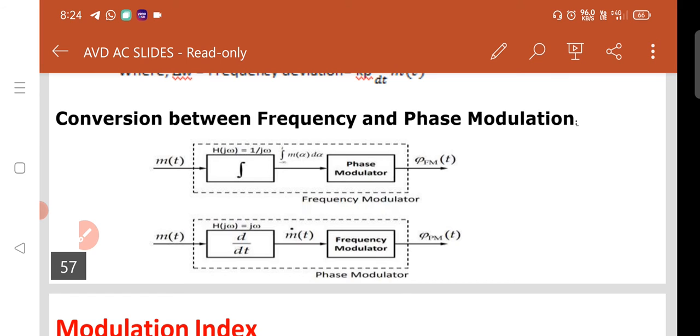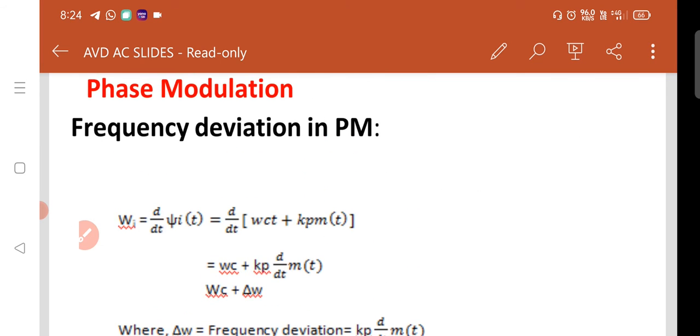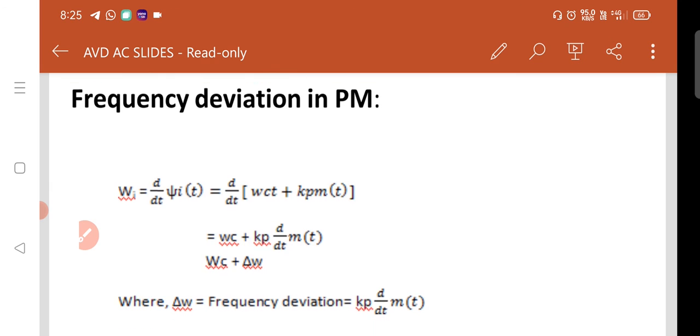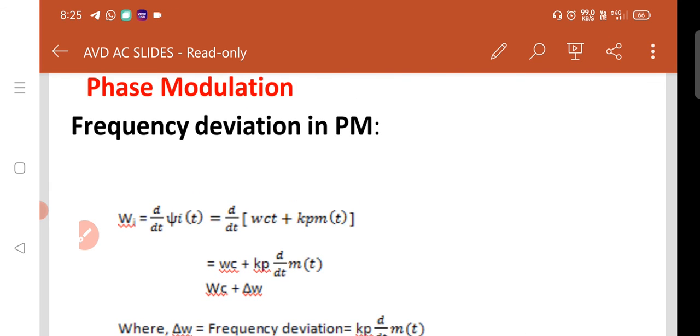Okay, I hope you understand this concept, phase modulation and frequency modulation. In the output wave of phase modulation also, there is frequency deviation. So phase modulation is also a frequency modulation, but the opposite.